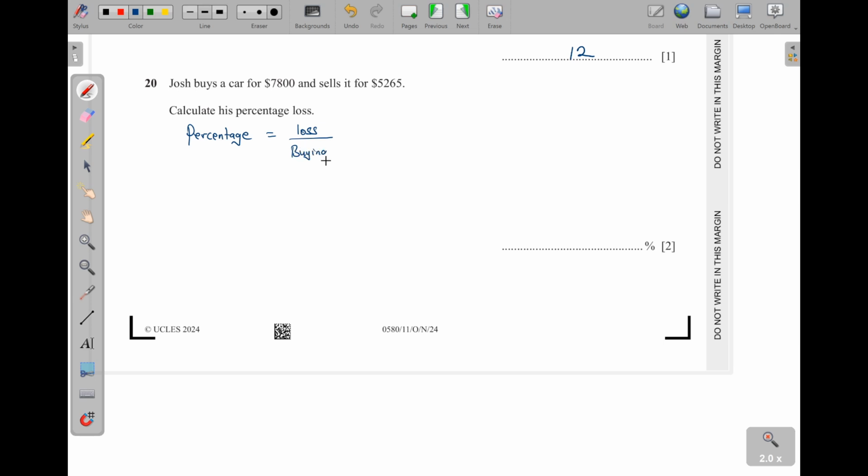Then from there you multiply by 100. So the loss is going to be the buying price minus the selling price, because the buying price is bigger. So 7800 minus 5265, then divide by the buying price, 7800, then times 100.